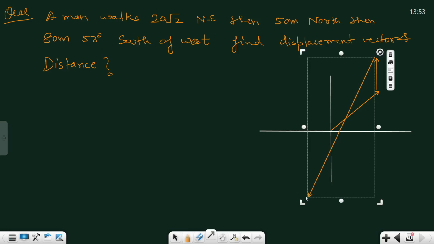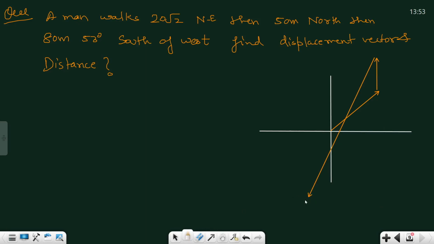This one will be the vector. So the final displacement vector will look like this. This is the final displacement vector, this white one.